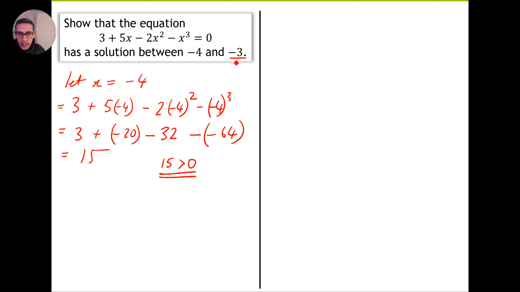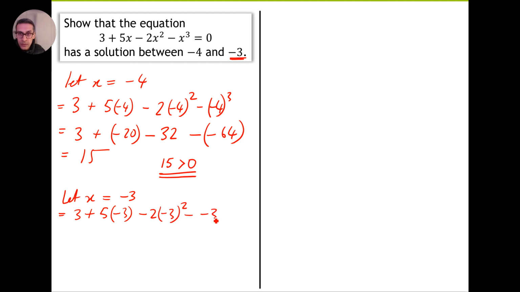Now we're going to try -3. We're going to hope we get a negative answer to this. So let x equal -3. So let's substitute that into this equation above here. So it's going to be 3 plus 5 times -3. Take away 2 times -3 squared.